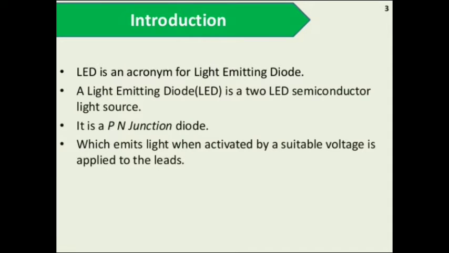Introduction. LED is an acronym for light emitting diode. A light emitting diode is a two-lead semiconductor light source. It is a PN junction diode which emits light when a suitable voltage is applied to it.